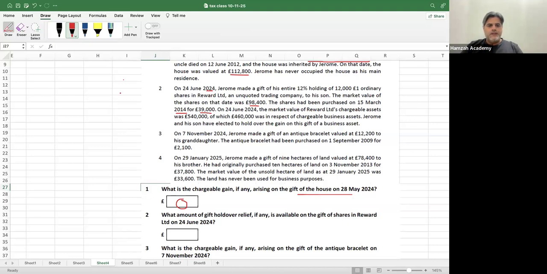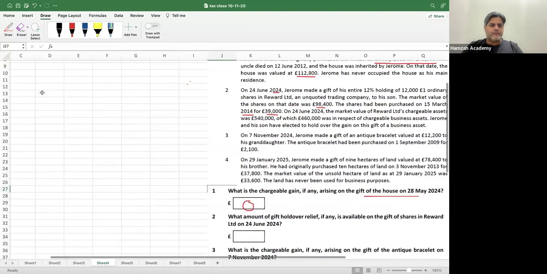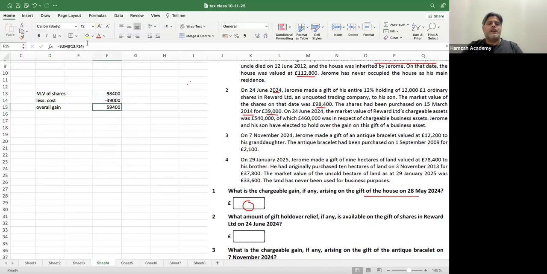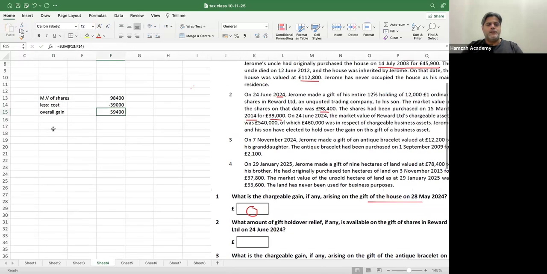So market value of shares 98,400 less their cost of 39,000 gives us 59,400. So the overall gain is 59,400.